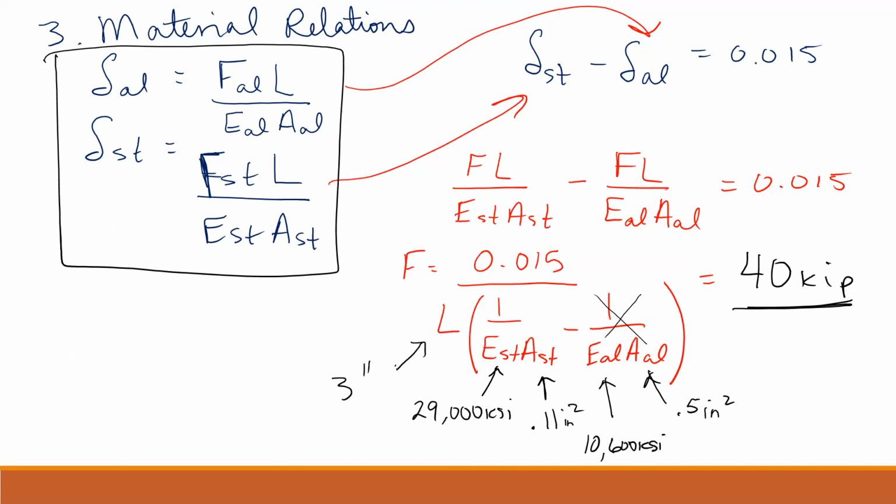All right. So similar to the other problem, this is one way to solve it. The other way would be to, instead of assuming compression and tension, keep it real general, where your equilibrium statement would be that the F in the aluminum plus the F in the steel equals 0, and you're going to let that negative sign come into your final solution to tell you whether it's compression or tension.